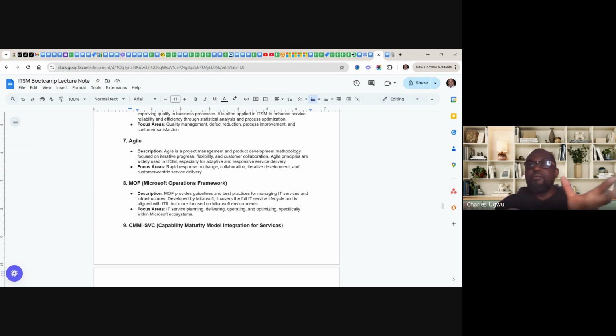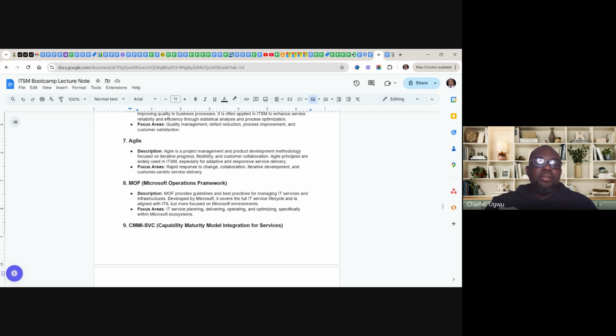Most of the IT services being used in the industry are developed or owned by Microsoft, so they always want to develop one framework that professionals will work around, customizing their environment. It covers IT service planning, delivering, operating, and optimizing specifically within the Microsoft ecosystem.